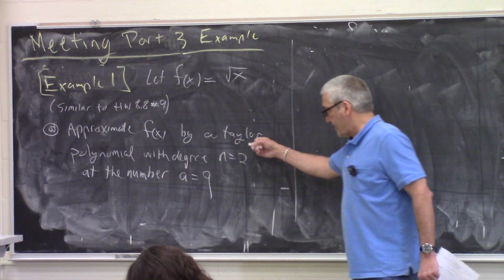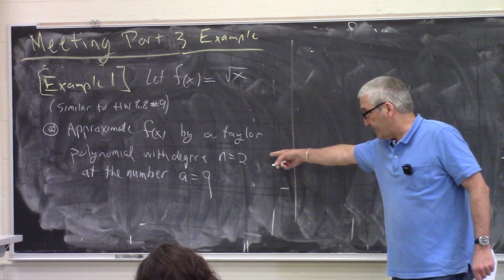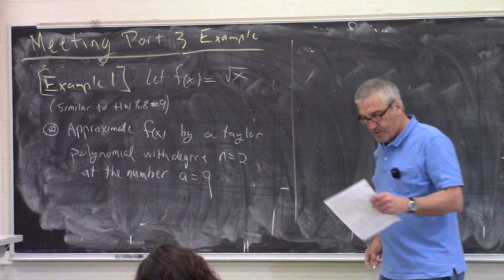So approximate f by a Taylor polynomial of degree 2 at the number a equals 9. Okay, here we go.